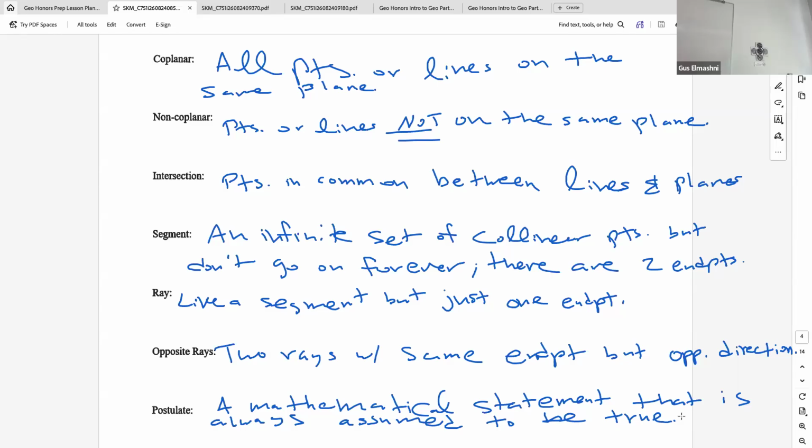Let's say I grab the box and grab the trash can and grab a whole bunch of stuff, and some are floating up in the air. Then that's not all coplanar, because some are on the table and some are not on the table. So if you have any points that are not on the table, then all those points are not coplanar. You have to think in three dimensions, that's probably why I started with this.